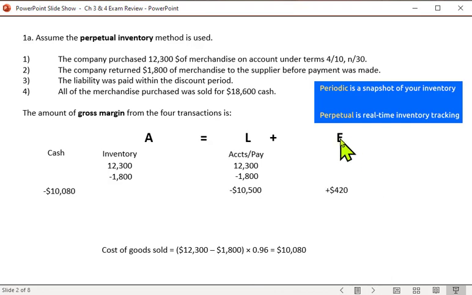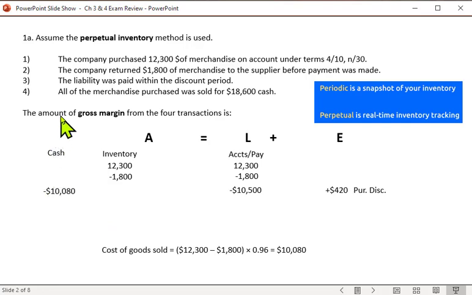We need to increase equity by $420, which is, you call that a purchase discount. So now the liability going down $10,500 and the purchase discount under equity going up, making equity go up $420, means this side, the right side, went down $10,080 and it matches the cash side.